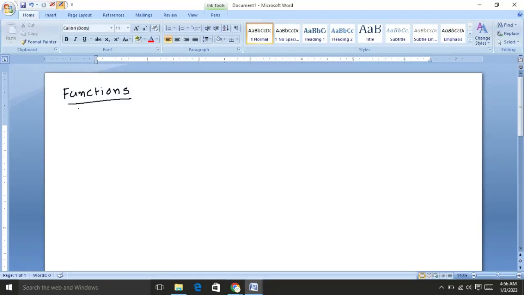Now I would like to discuss the functions in C programming. This is one of the important and major topics in C language. What is a function and what are the other names for functions?